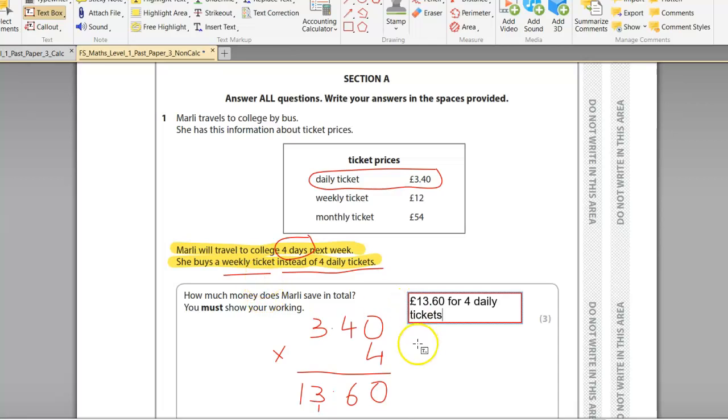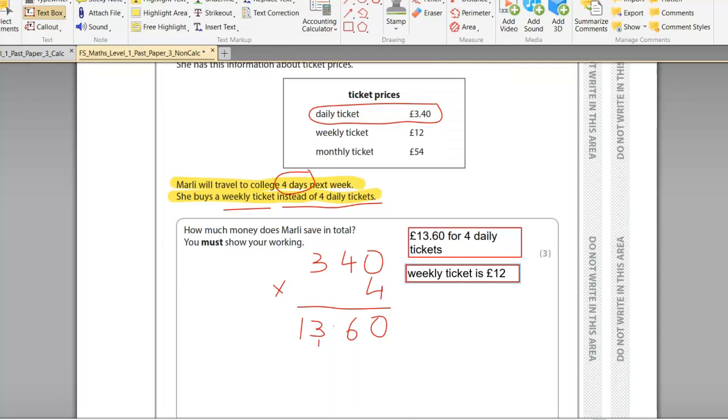And the weekly ticket, as we can see in the table, is £12. So how much money does Marley save in total?